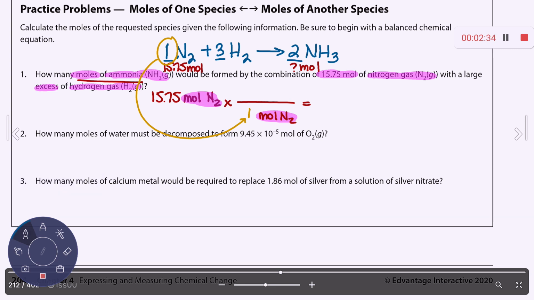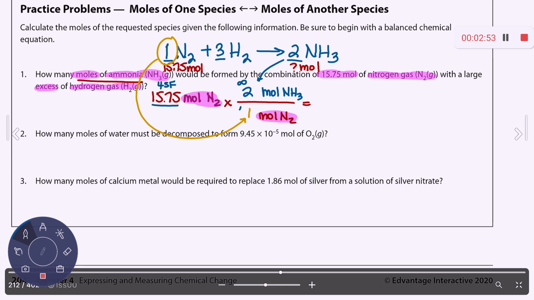And then we're converting to NH3, so you're going to write moles of NH3 on top, and then put the coefficient in front. So we're going to multiply 15.75 by 2, and I've got 4 significant figures here in 15.75.